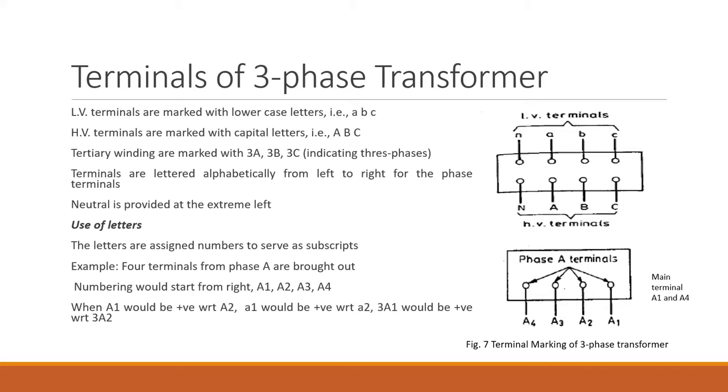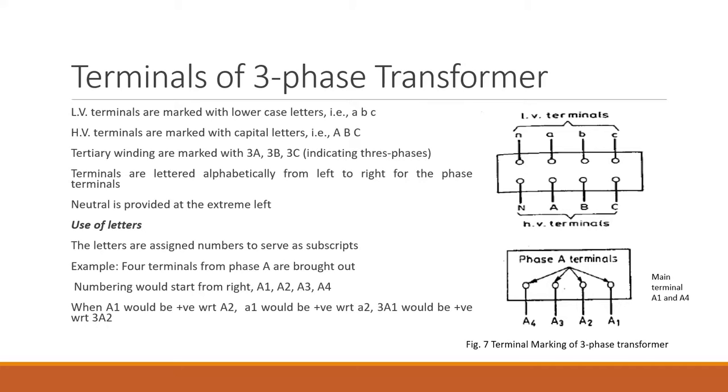Small letters indicate LV terminals. For example, if it is written a, b, c, it is going to indicate LV terminals. The HV terminals will usually be marked with capital letters: capital A, capital B, capital C, capital N, where N indicates neutral.